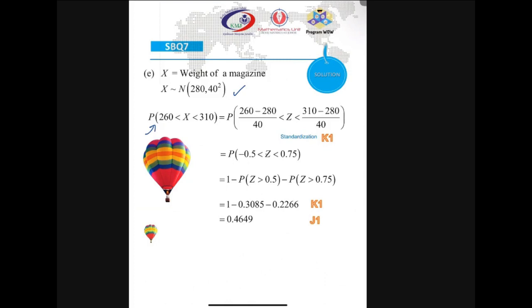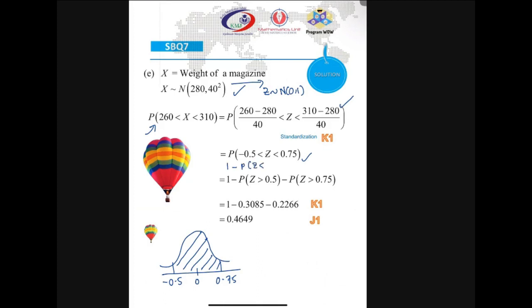We cannot solve in normal distribution. You have to standardize this into standard normal because that's the only way to read from the table. So show that you standardize each probability, and then you obtain the value of Z from negative 0.5 up till 0.75. Okay, so if we refer to our bell-shaped curve, we cover from the negative region up till the positive region. So we have to use 1 minus the unrequired part. Okay, so I have to do 1 minus the probability.